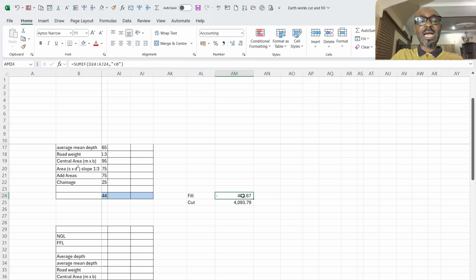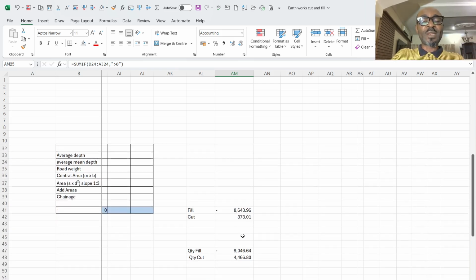So it aggregated the negative sign, which is the fill, while the positive is the cut, based on my reading. I now have 4,093.79 cubic meters of soil to cut, while I have 402.63 cubic meters to fill.